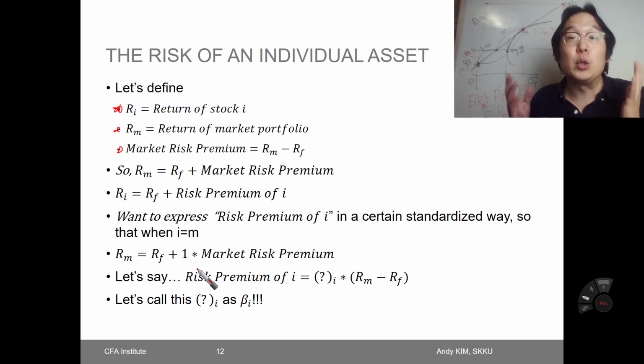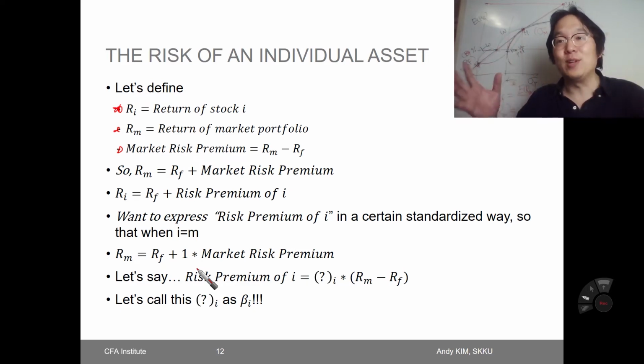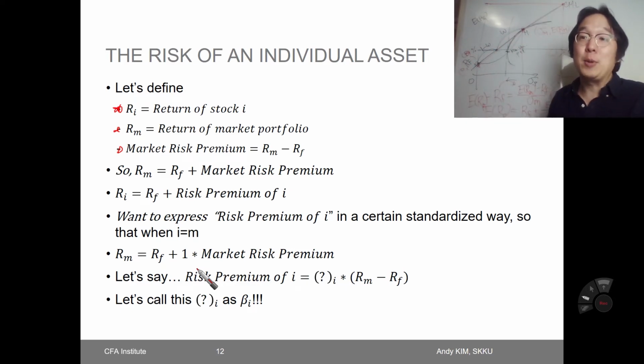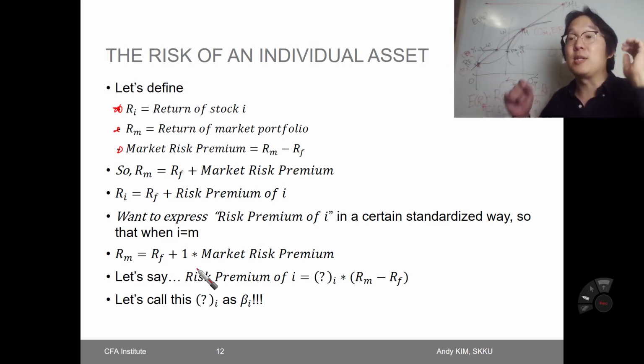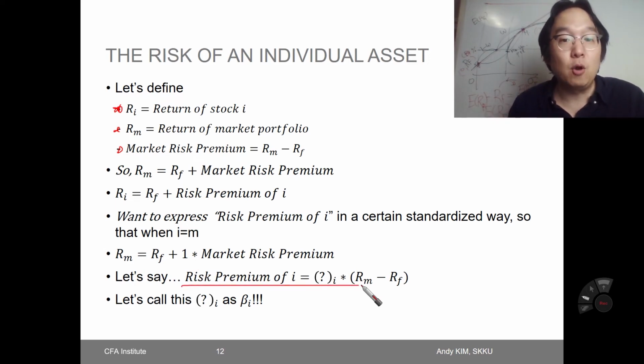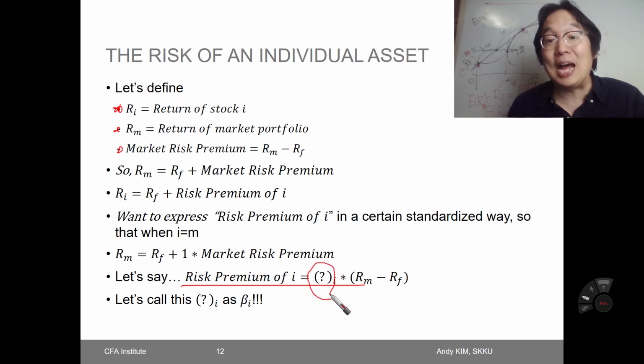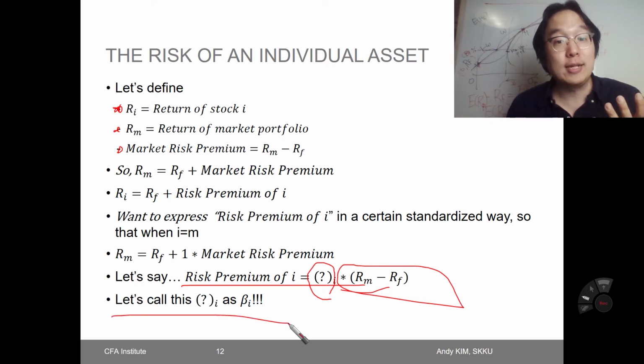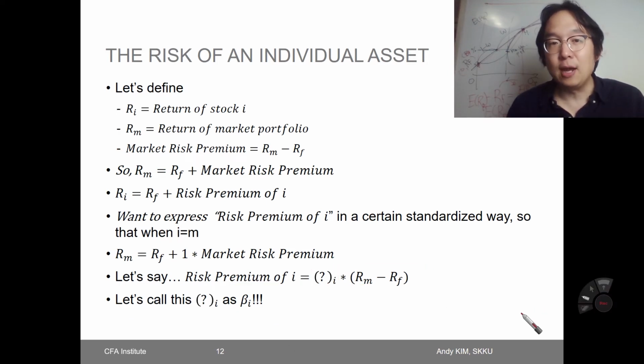Should hold, okay, in a standardized way. Notice that the requirement for our risk return model has to be something standardizable, right? Let's say the risk premium of I is equal to something mysterious, sub I times this guy, market risk premium. And let's call this beta, okay? So that's the idea now.